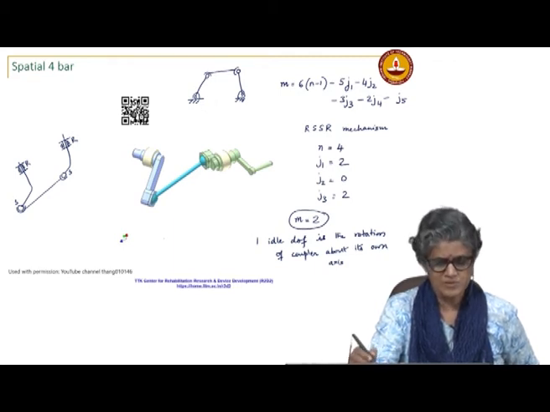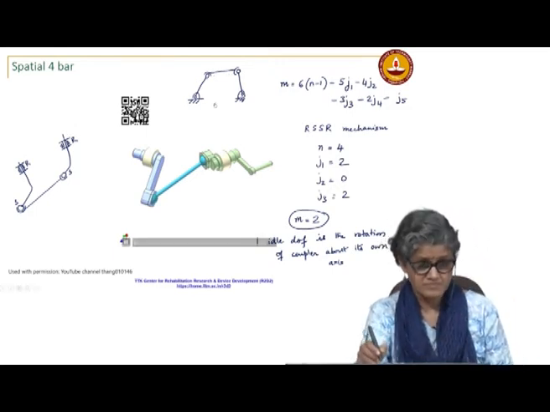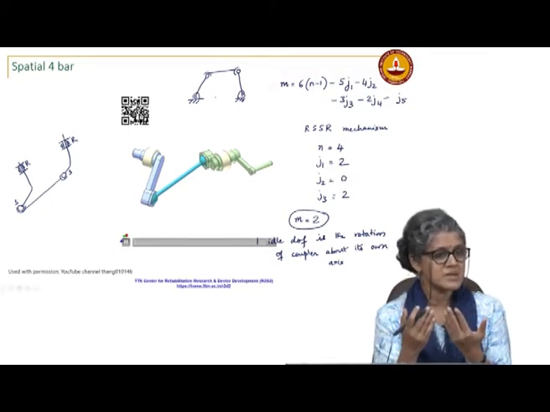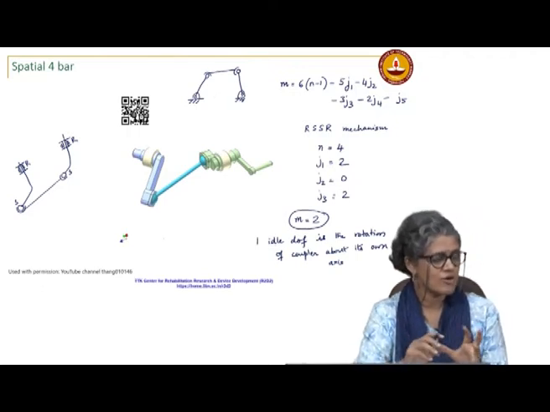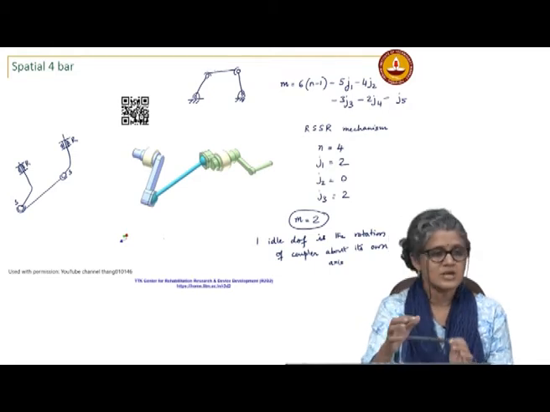Okay. Why would I do something like this? Sometimes, and in fact, they do this even for some planar applications to handle misalignment. So, because of manufacturing errors, there could be misalignment.